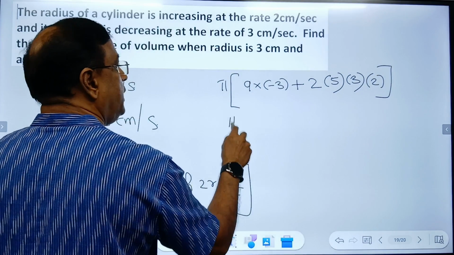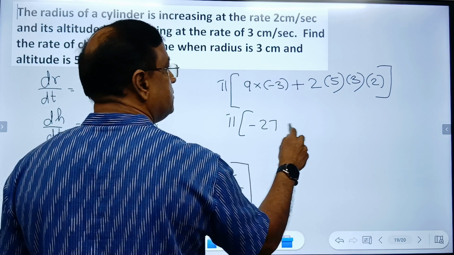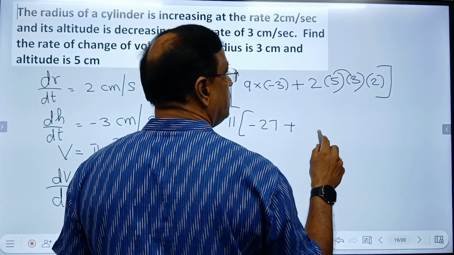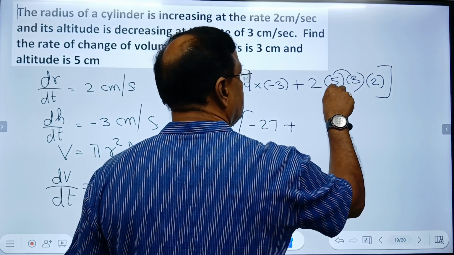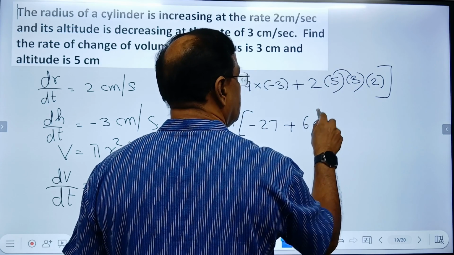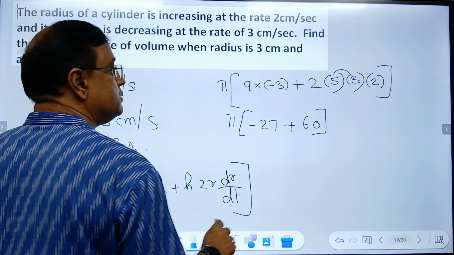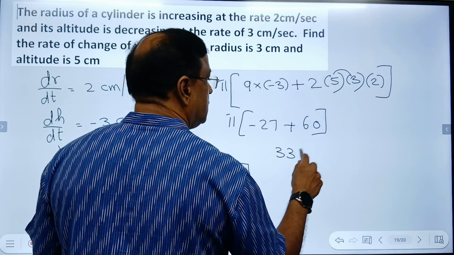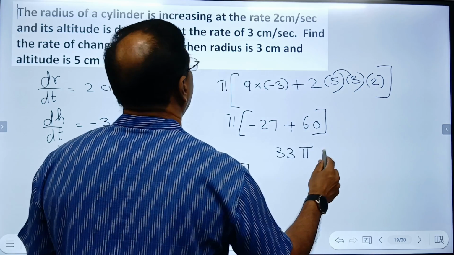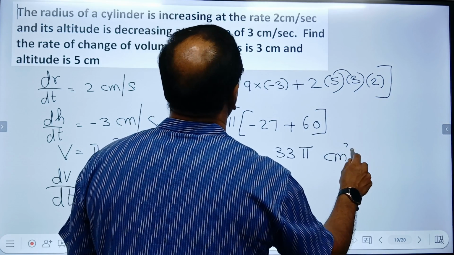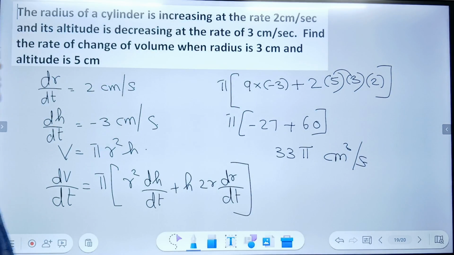So I get pi into minus 27 plus 60. Okay, so the answer will be 33 pi centimeter cube per second. Simple question. Not at all difficult.